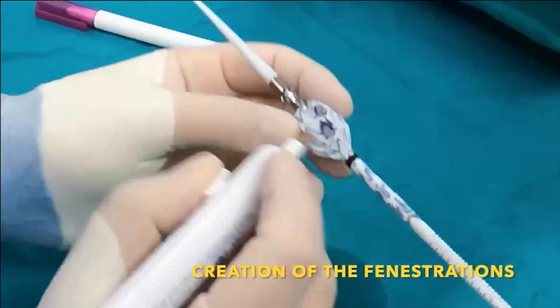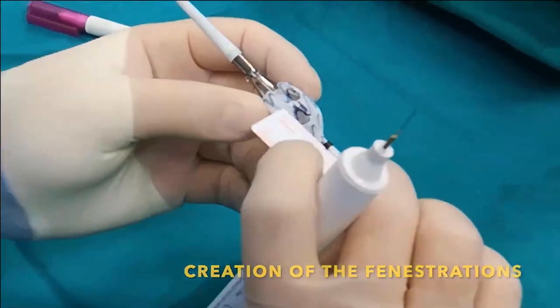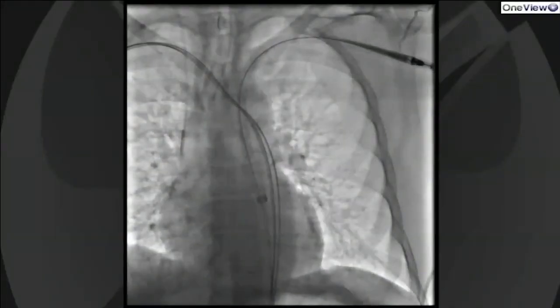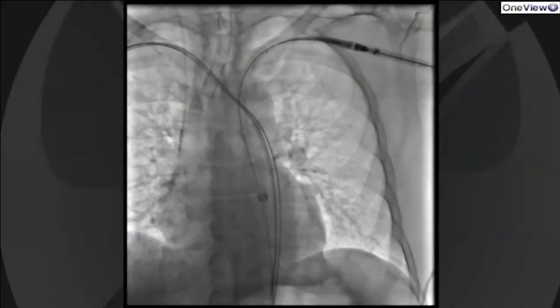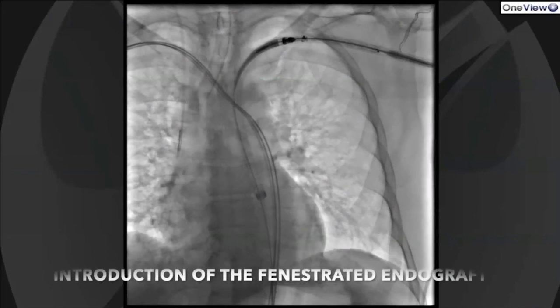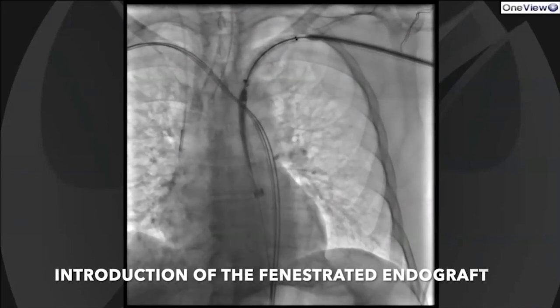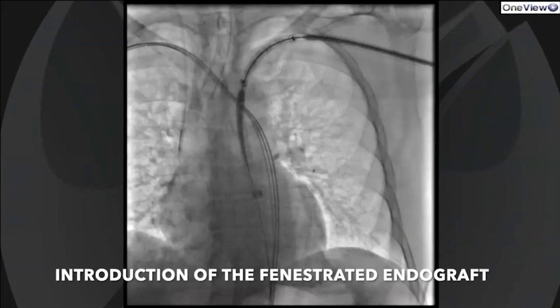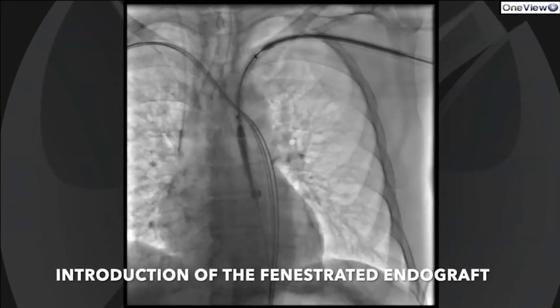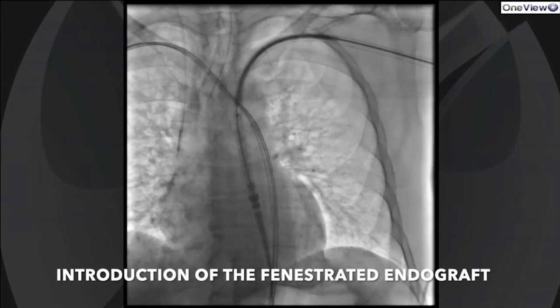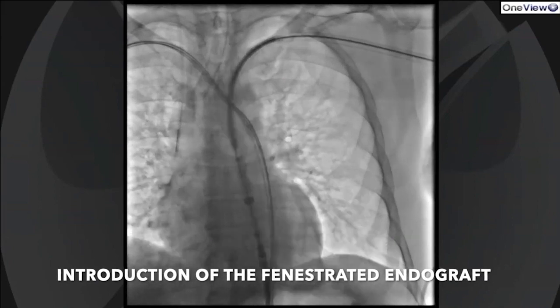We are opening the fenestrations, and then we are measuring that it is 8 millimeters in length. And here you can see the introduction of the fenestrated endograft through an 18 French sheath that has been introduced from a transbrachial approach.